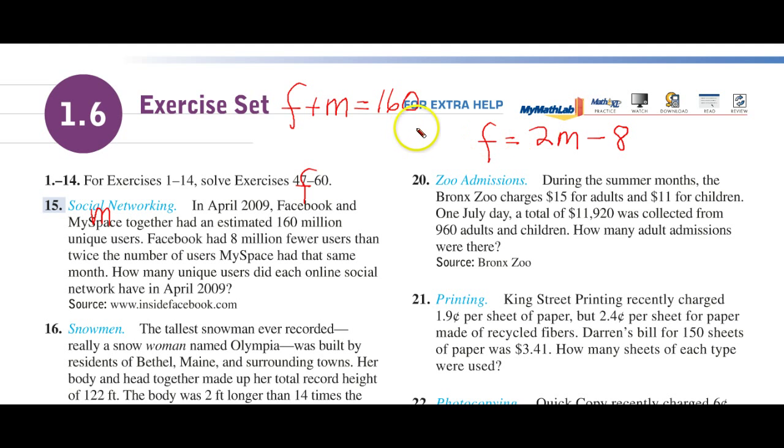And you might say, what technique would I use to solve this? Well, you would take your value of F and replace that right there. So now you have an equation with only the letter M in it. You solve for M. Once you find out what M is, you'll subtract that from 160, and that will give you your Facebook.